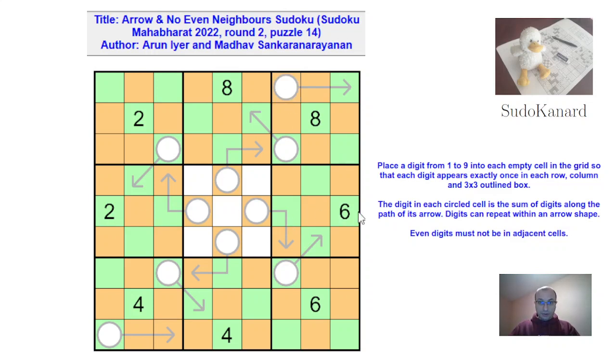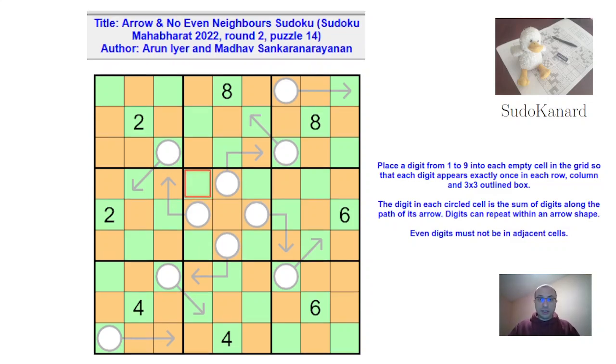This row and this column already have 4 even digits, so that's odd, and we need the 4 even digits here. And now it's just a matter of solving the stuff.